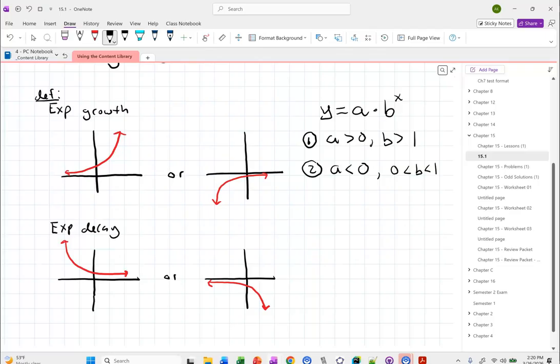actually, I'm going to name this 1 and 2 so you know which situation goes with which picture. So I'll call this 3 and 4.